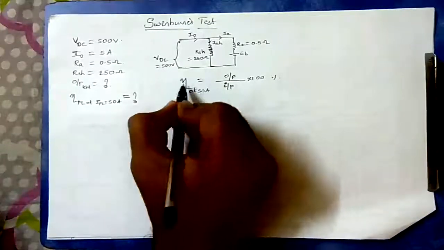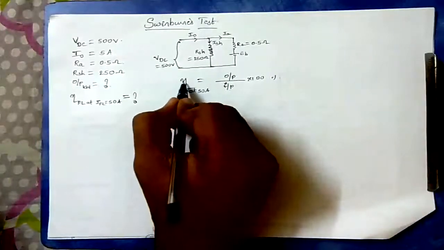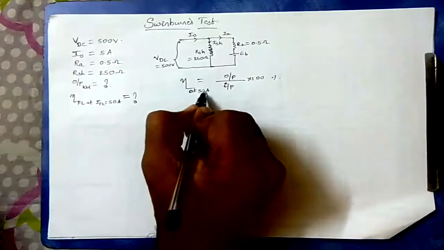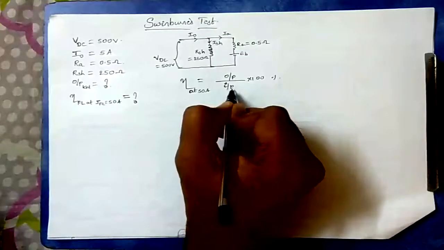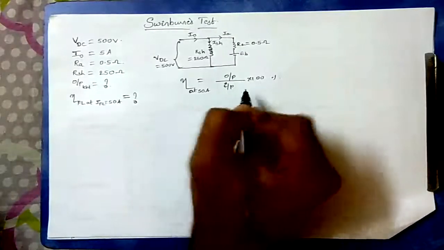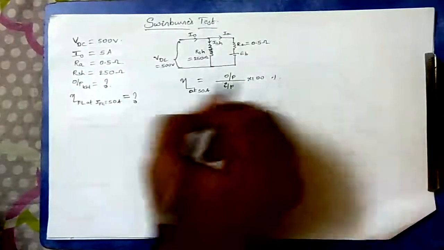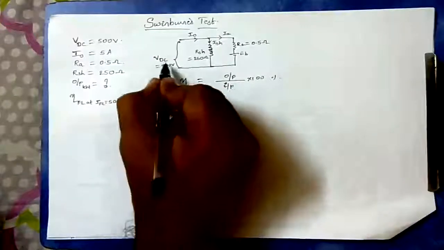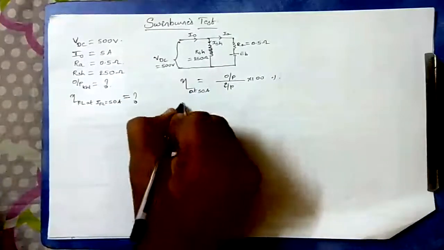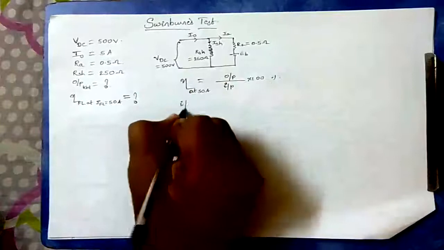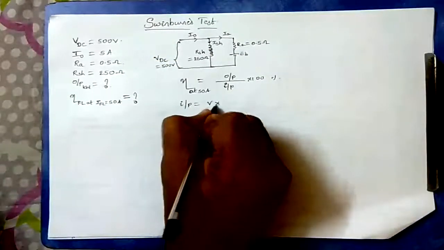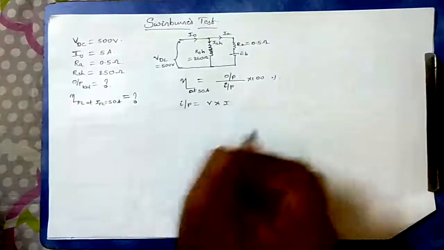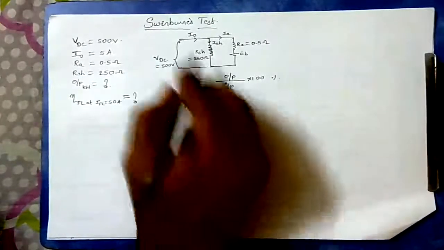Since we are asked to calculate efficiency at full load current, that is 50 ampere, input should also be at full load, and output should also be at full load. So what is input basically? Input formula is just V into I, full load IFL.